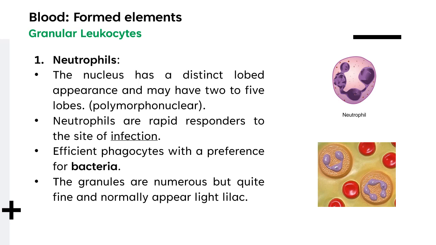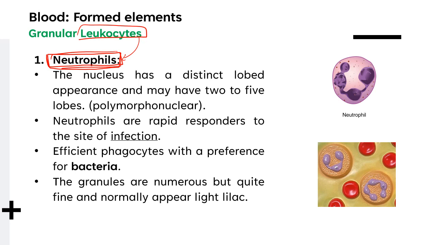From the leukocytes, you should know that the neutrophils are the most common type of white blood cells in our body. So overall, the most common type of cell in the blood is the red blood cell. But if we talk about the white blood cells, the most common type is neutrophils.